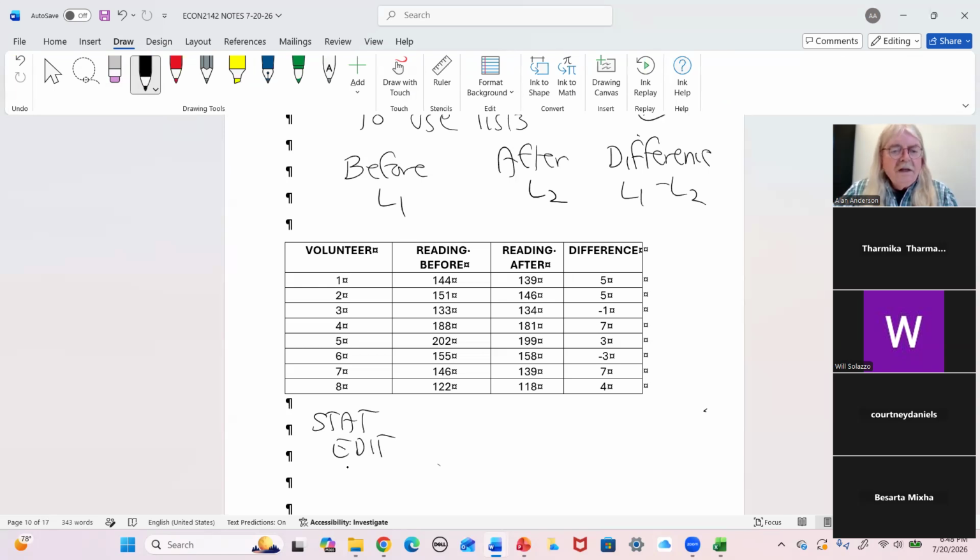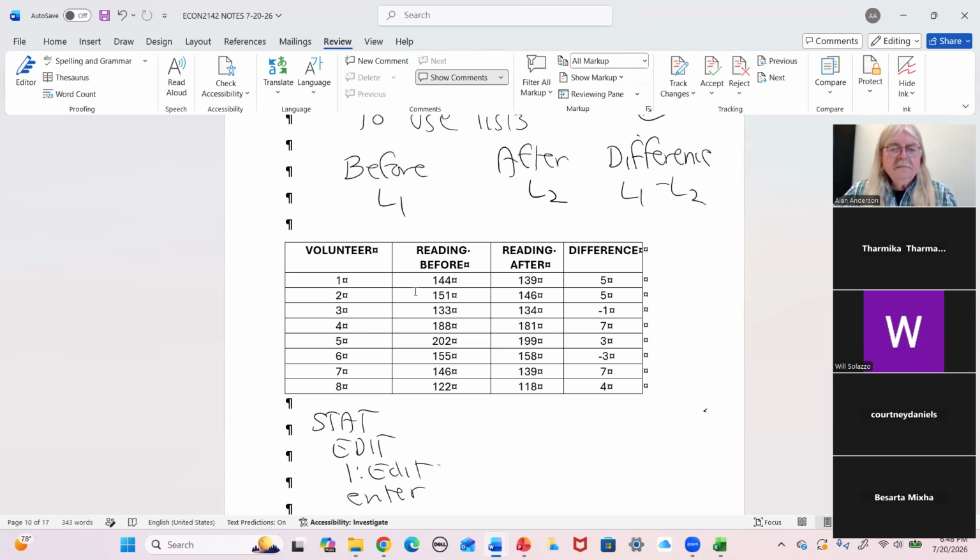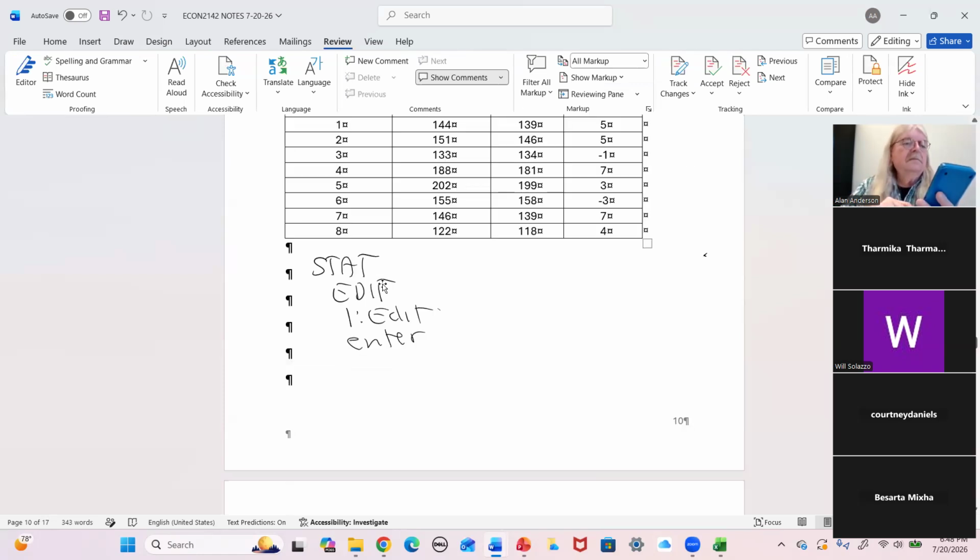Edit, one edit. And then you're at the lists. You should ideally clear out all the existing lists.